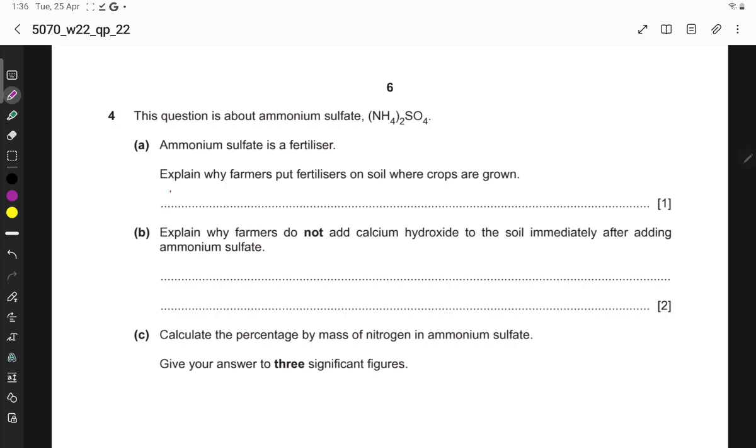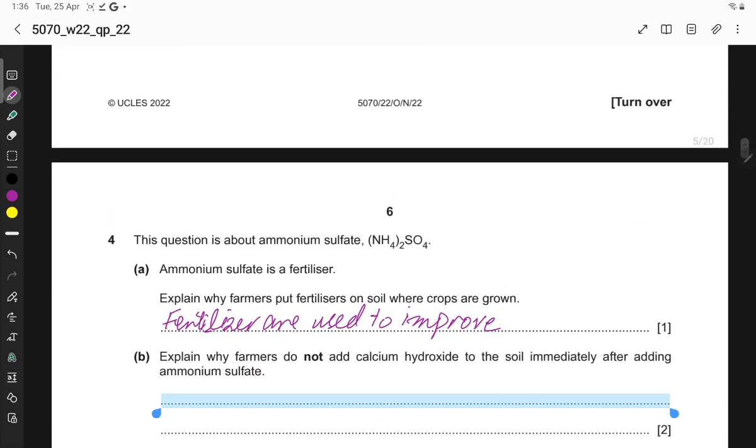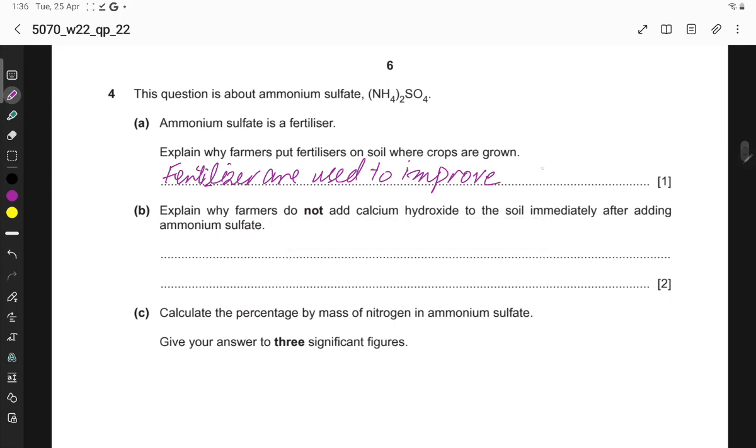Fertilizers are used to improve plant growth or yield, crop yield, you can say.